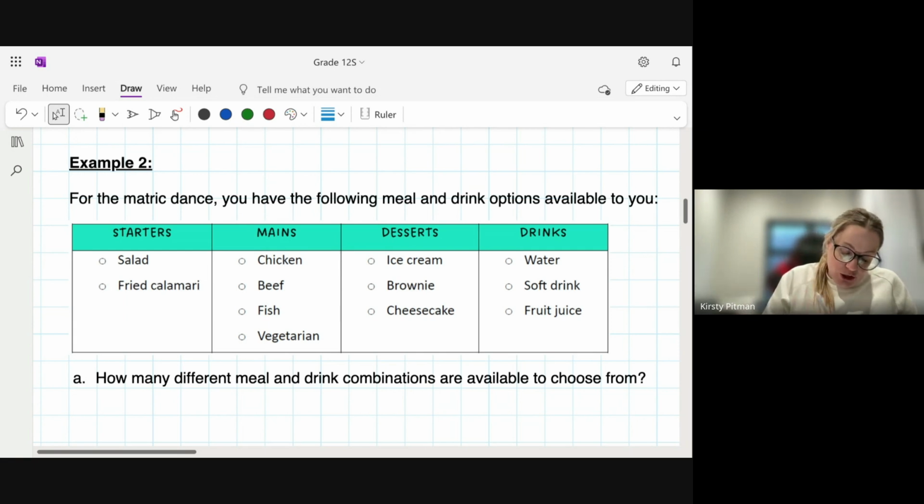So you've got starters, mains, desserts, and drinks. I'm going to help you out here in case you can't see your screen really well. Here there are 2 options. Here there are 4. Here there are 3 options. And here there are 3 options. Okay, guys, go give it a try.